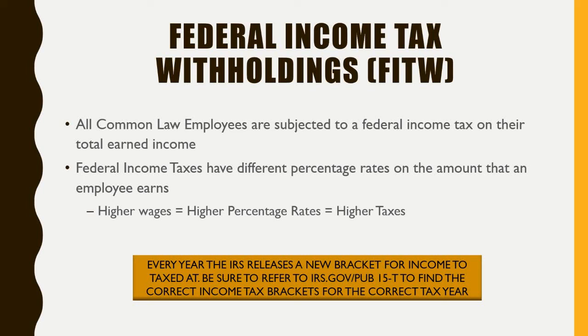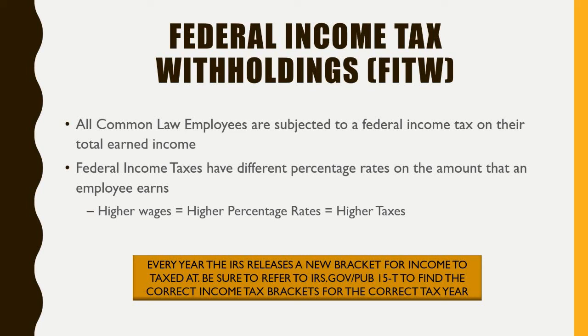Now, in this case, I'll be introducing you to what's called the Circular E table, which, every single year, you're going to get a new tax table. For 2022, I will pull it up in a second.